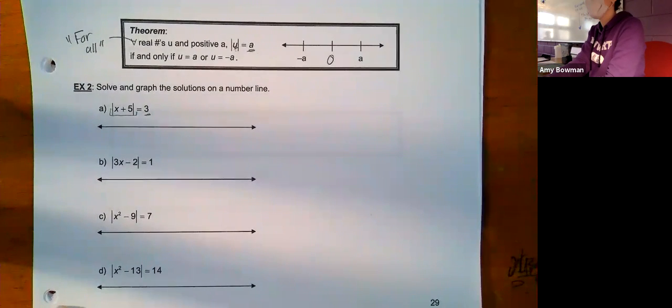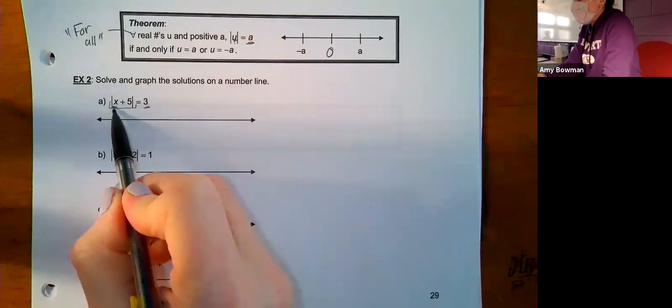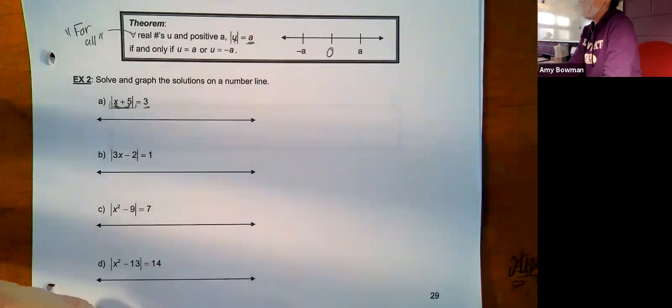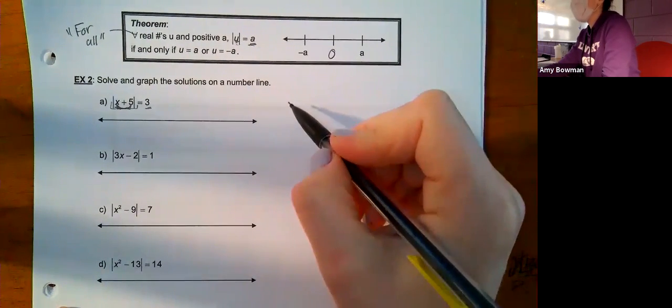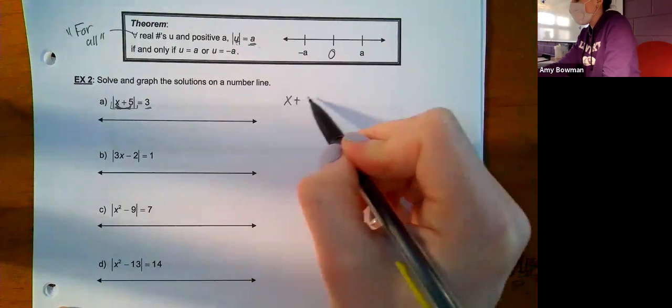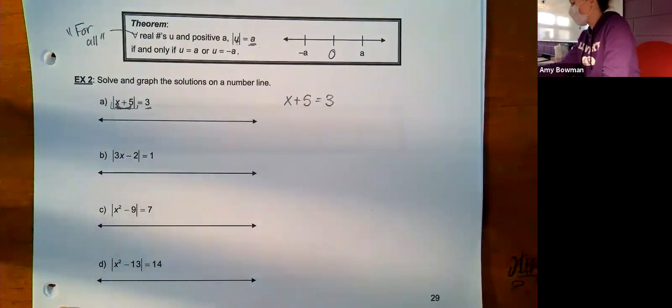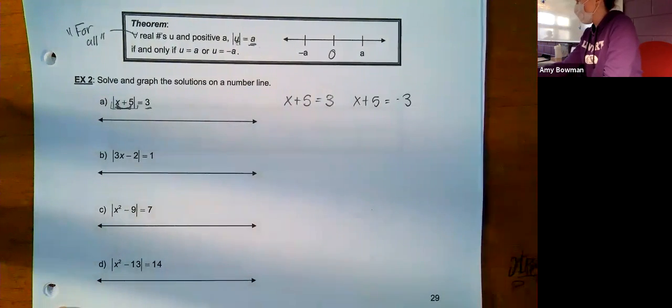Okay, all right, so if the absolute value of x plus 5 equals 3, that does not mean x is 3 away from 0. It means x plus 5 is 3 away from 0. So that's going to give you two possible answers. Either x plus 5 equals exactly 3, or the only other number that's 3 away, x plus 5 equals negative 3.